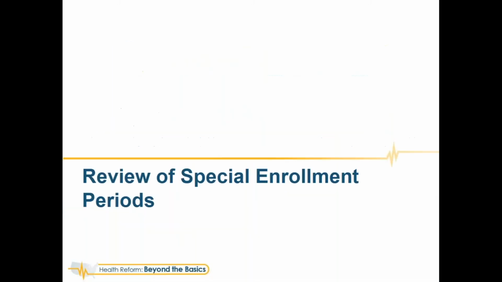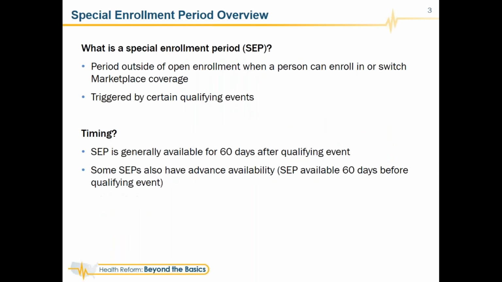Thank you. So first we're going to review just some really general information about special enrollment periods. SEPs, as we call them, are triggered by certain events like losing other coverage, and they allow a person to either enroll in or switch plans in the marketplace. Generally, an SEP is available for 60 days after a qualifying event, but some SEPs are available 60 days before the event as well.